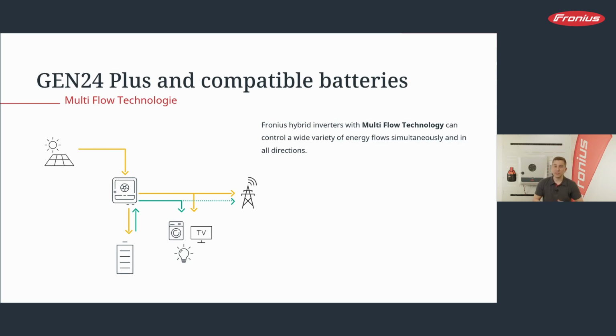Second possibility is then to discharge the battery from the DC side and to convert it to AC for the household loads, or even to feed it into the public grid. Third possibility is then to charge from the AC side, so energy coming from the public grid, to charge your battery system whenever needed. And the most clever and the most convenient functionality for you as an installer is the so-called AC coupling for a hybrid inverter.